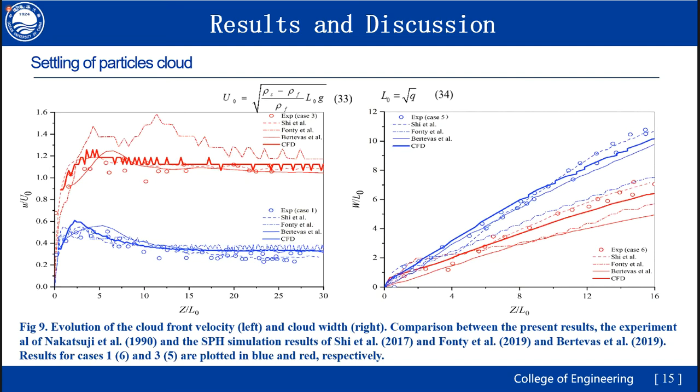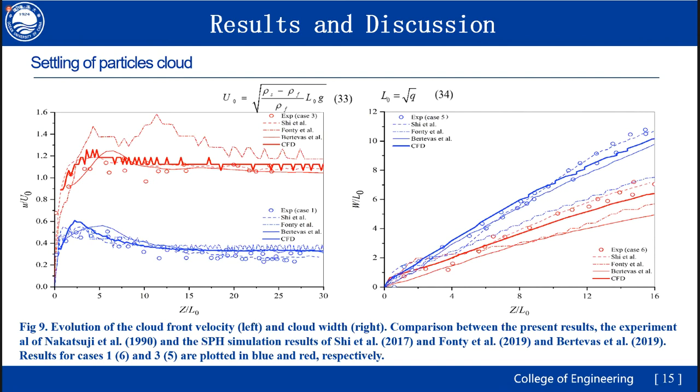For case 1, the blue line is ours, this one is Bertwick's, the dashed line is Funky's, and another one is Shi's. So for case 1, except for 2.5 seconds, other times get good agreement with the measurement, and we are better than Bertwick, but the accuracy is a little lower than Shi's, because we have some simplification.